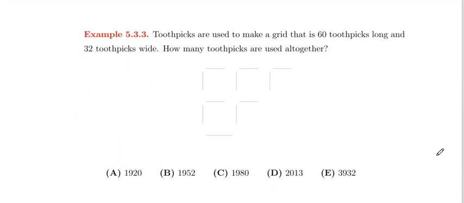So let's check this problem. We use toothpicks to make a grid that is 60 toothpicks long and 32 toothpicks wide. How many toothpicks are used altogether?